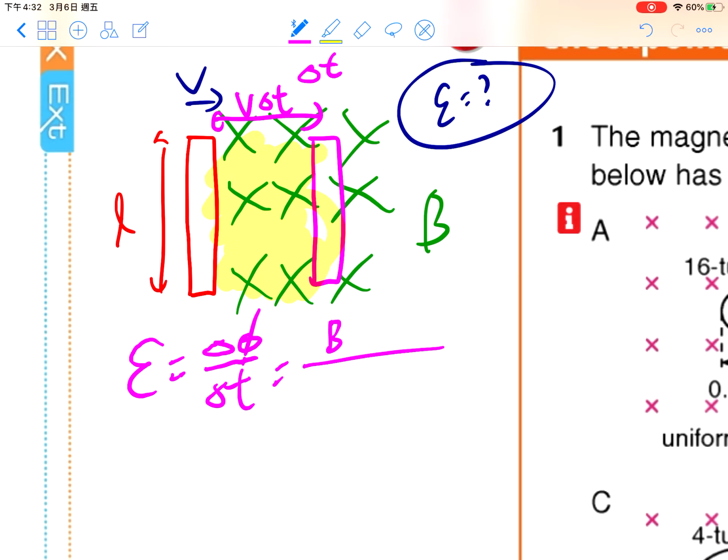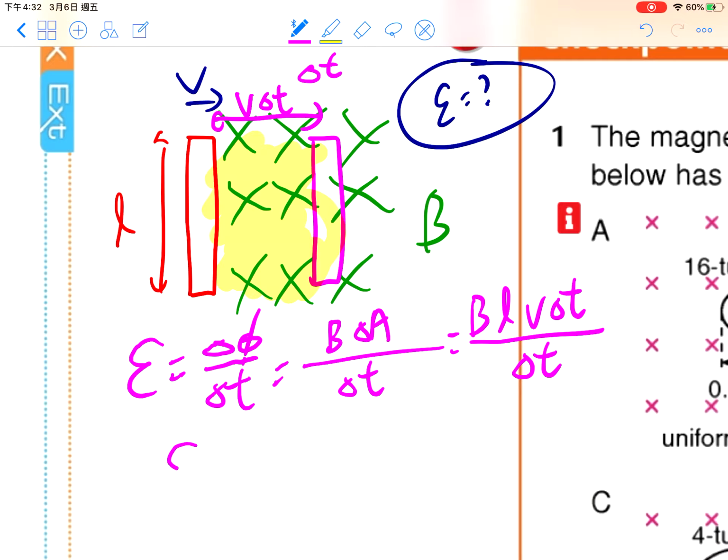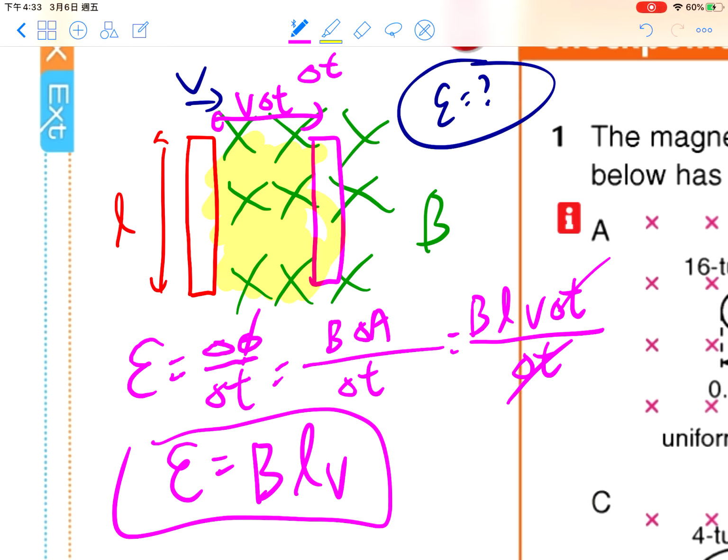What is the magnetic flux change? It would be B delta A over delta t, and delta A is this yellow region, so it will be L v delta t. So if a rod is moving inside a magnetic field region, we have the equation BLV.